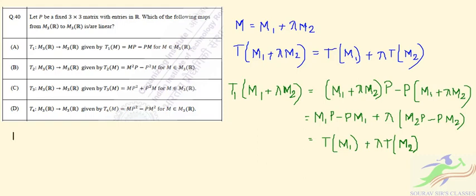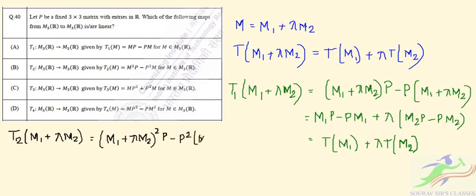If we write T2 of M1 plus lambda M2, I have to put the square: M1 plus lambda M2 whole square P minus P square times M1 plus lambda M2, right?